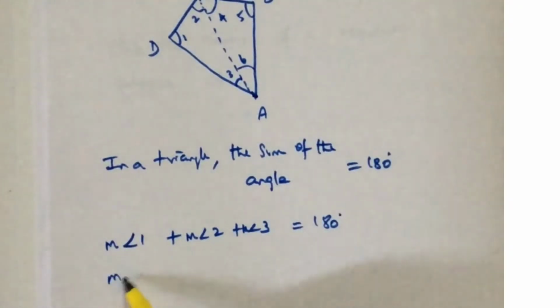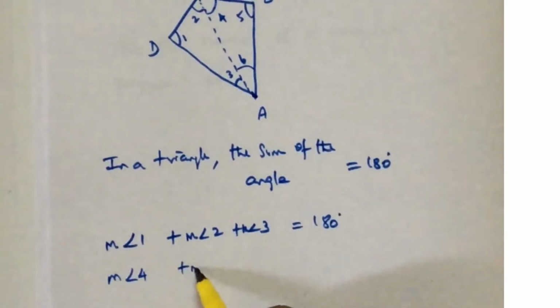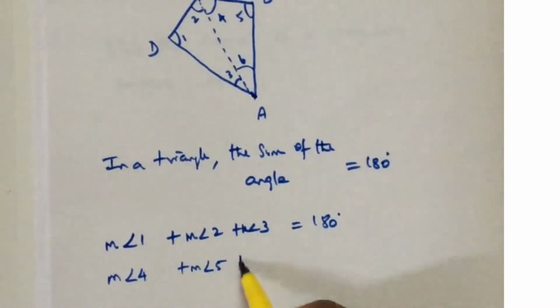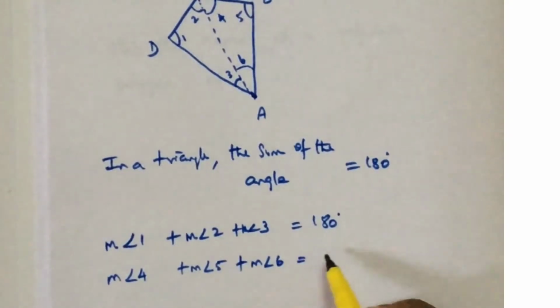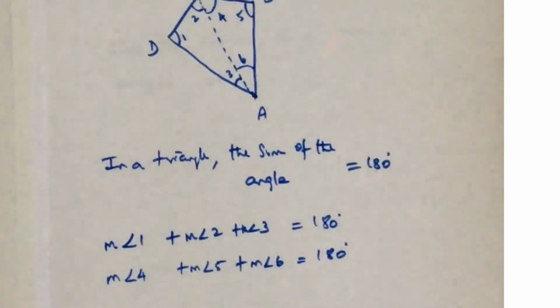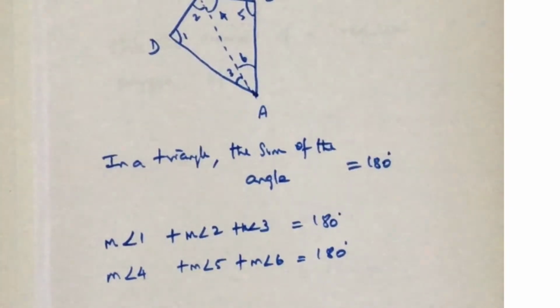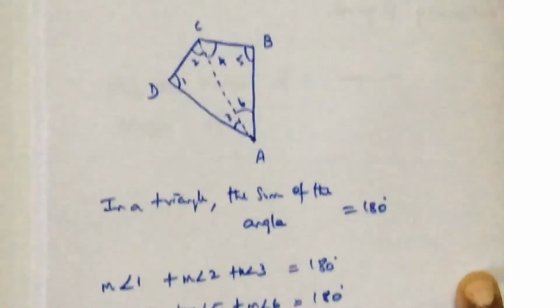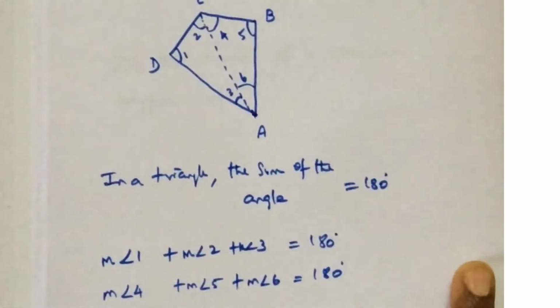So the measure of angle 4 plus the measure of angle 5 plus the measure of angle 6 is 180 degrees. Now what I am going to do is add both of these.